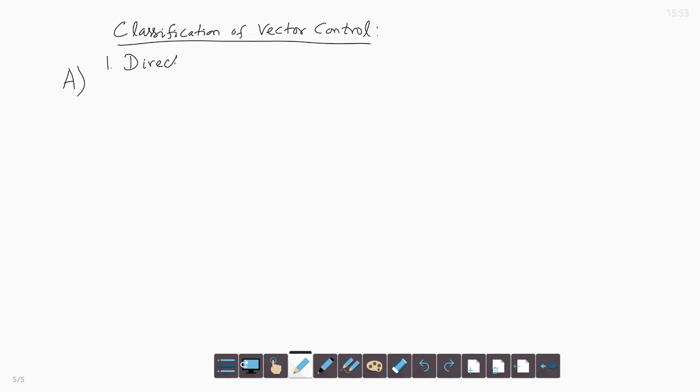Next, we will discuss the classification of vector control. Vector control is classified in the first category as direct vector control, or feedback vector control.